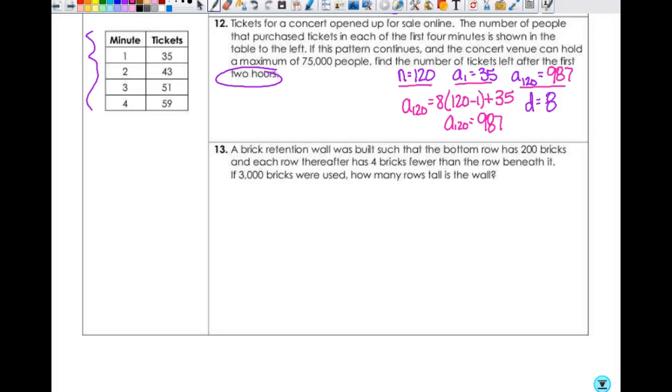Get 987. So then I need the sum of the first 120 minutes. That's going to be 120 times 35 plus 987 over 2.